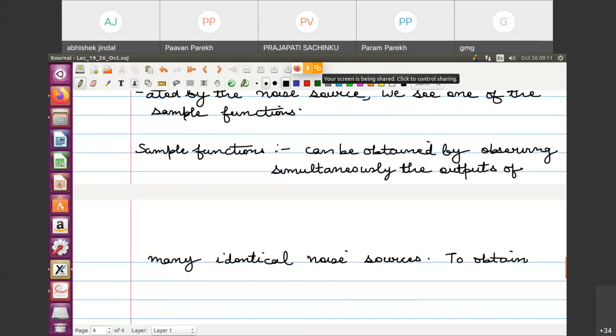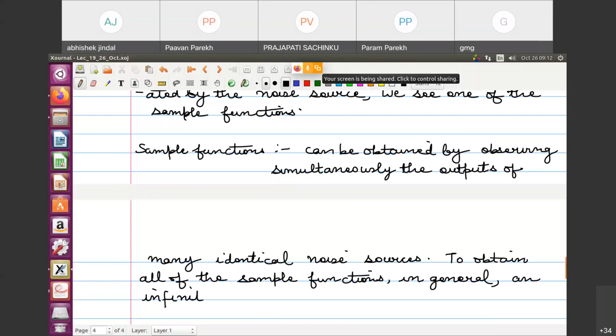So to obtain all of the sample functions, in general, an infinite number of noise sources would be required, that you can clearly see.